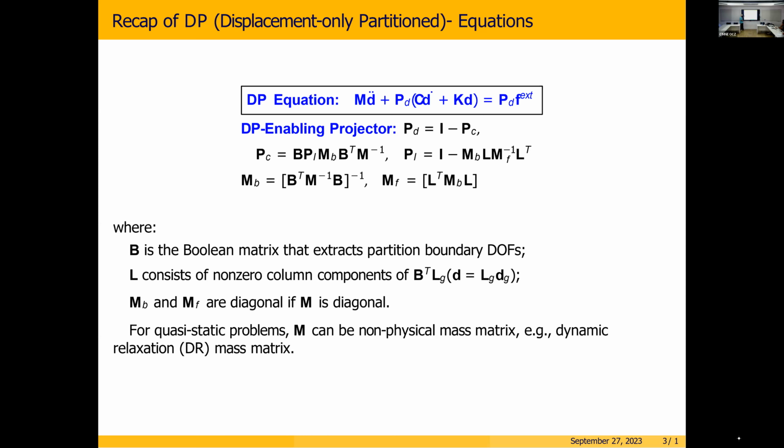B is the most important quantity, that is, it really identifies where the interface degrees of freedom are for each partition. And I have written something like a 10-line code that really generates it from the assembly operator LG, where LG is related to assembly degree of freedom to partition displacement.